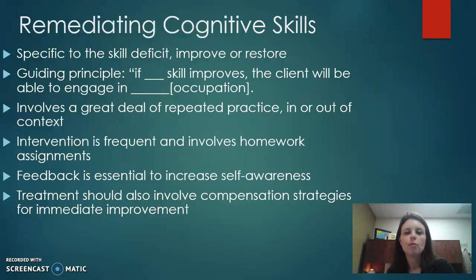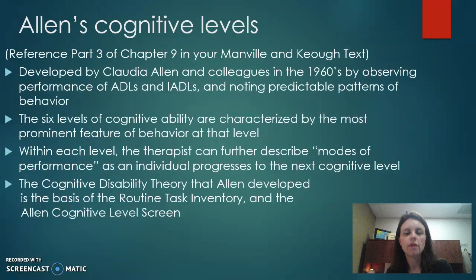And so a lot of times we're providing verbal feedback as someone moves through their activities to do that. And then treatment should also involve some component of compensation. Have we thought about supports that would promote someone's ability to remediate sequencing, for example? And we'll talk about some of those.